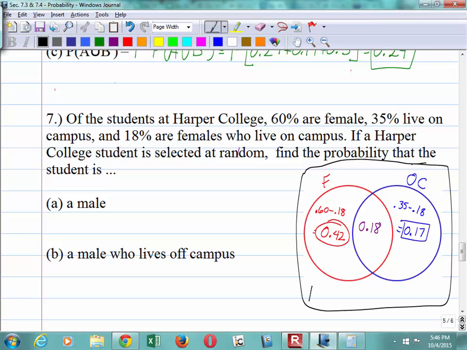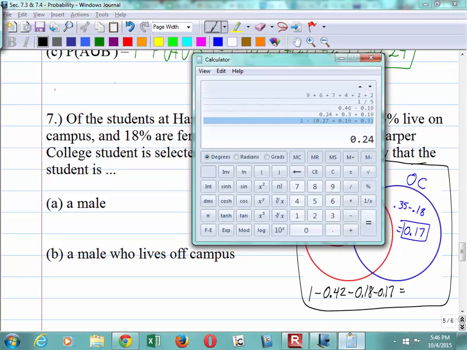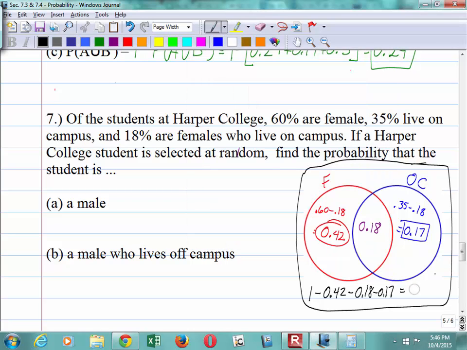And then this would be 1 minus 0.42 minus 0.18 minus 0.17. That's 0.23. Okay, so the probability the student is a male.